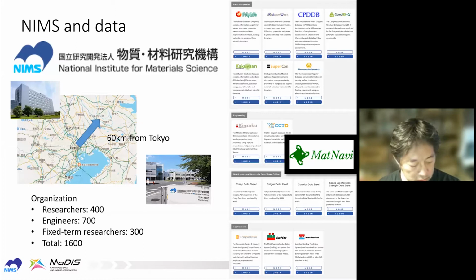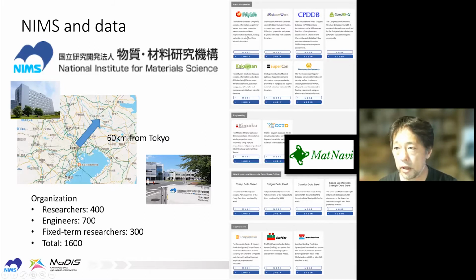One of our main research works is to develop databases, and some of them are disclosed openly, freely on the web, as the MatNavi application.